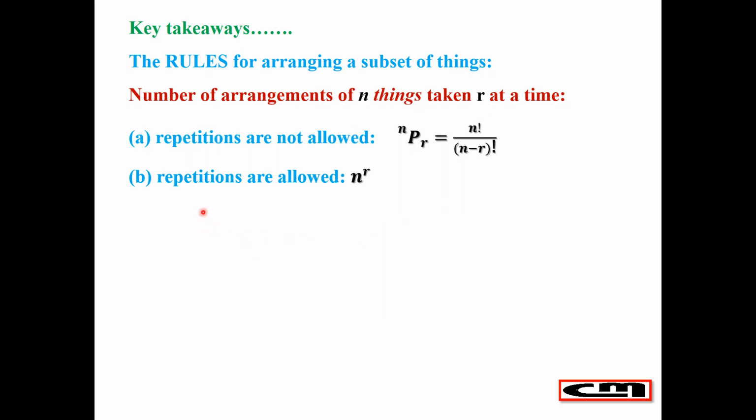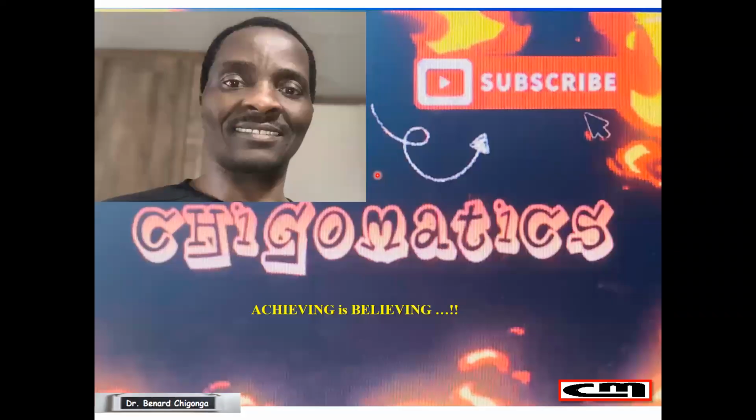Situation B, repetitions are allowed, is simply n to the power of r. This is all what matters. What you need to understand is, once you remember the rules for arranging a subset of things, when there's repetition and when there's no repetition, these are the 2 respective formulas.